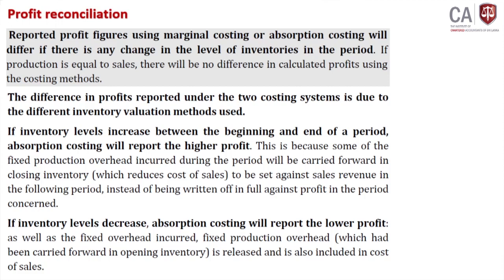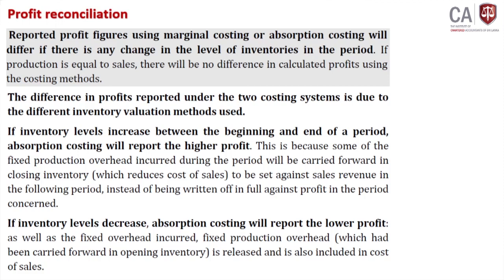Why? In absorption costing you absorb fixed cost into unit cost, and therefore the fixed cost portion of closing inventories you will carry forward to the next financial year. That is the first thing we discussed today at the beginning of the session. If you go to the first 2-3 minutes, you will understand this.